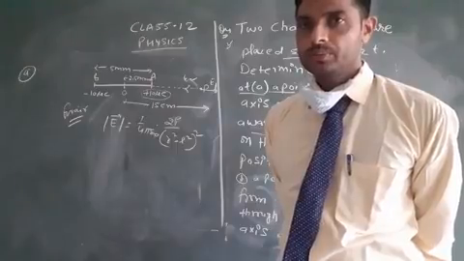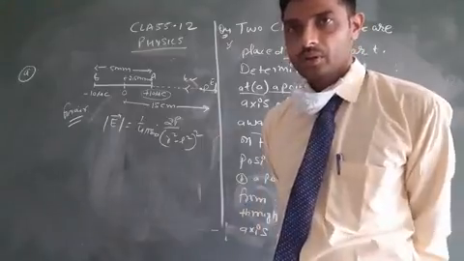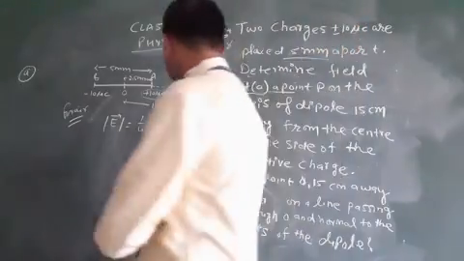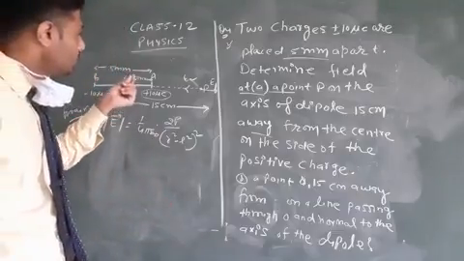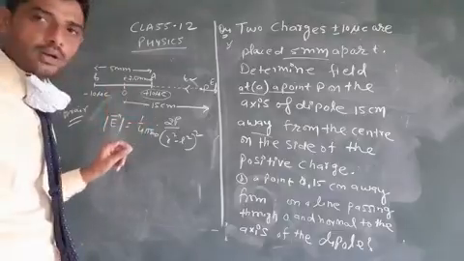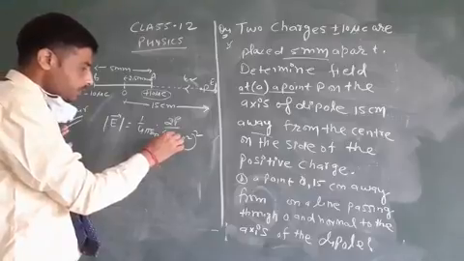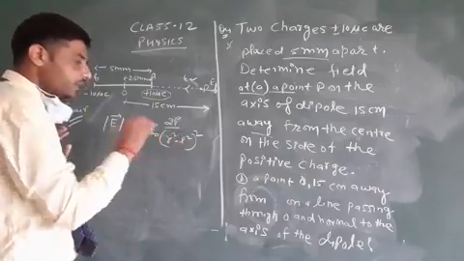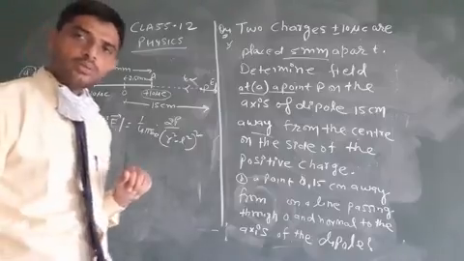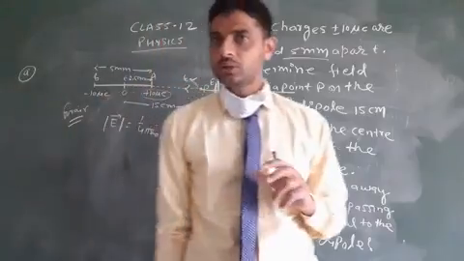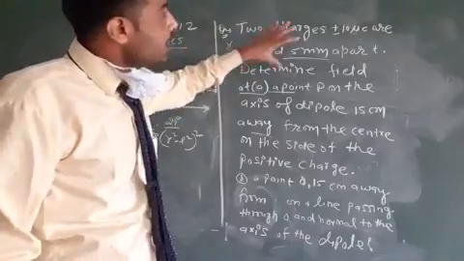When you put in the values, this calculation will be difficult because you have to convert millimeter into meter and centimeter into meter. So that's why you can neglect some values. Why? Because according to the question, the length of the dipole is 5 millimeter.